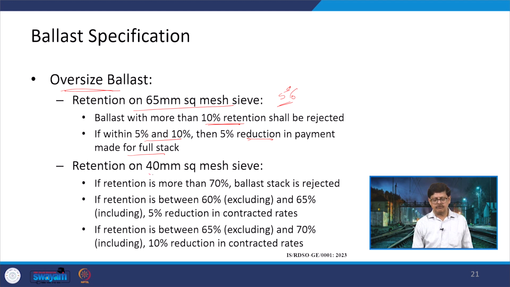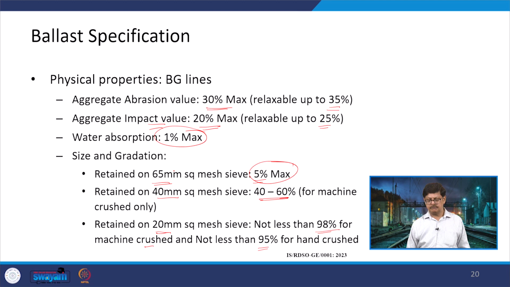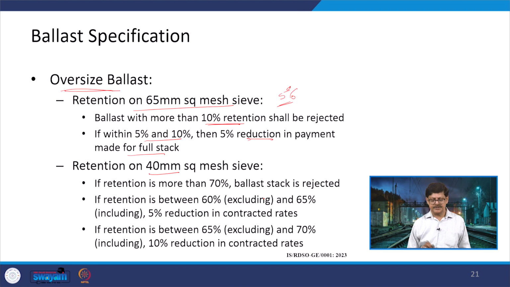Similarly, when you talk about 40 mm, we talked about the values as 40 to 60. That means maximum retained is 60. With respect to that, it says if the retention is more than 70%, ballast has to be rejected. So, it is giving a leverage of 10% beyond 60. If the retention is between 60 excluding and 65 including, then a 5% reduction in the contracted rates has to be done.